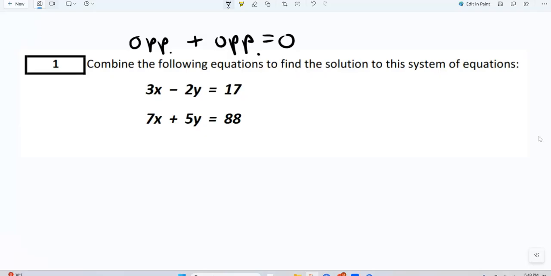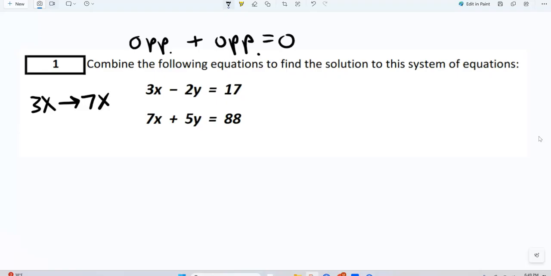What's the opposite of positive 3? If I have 3, I would like to get negative 3. Or if I've got 7, I'd like the other one to be negative 7. Usually what we've been doing is taking the smaller one and multiplying it by a number to get the bigger one. But what do I multiply 3x by to get to 7x?